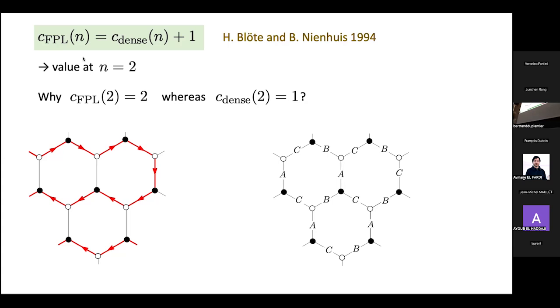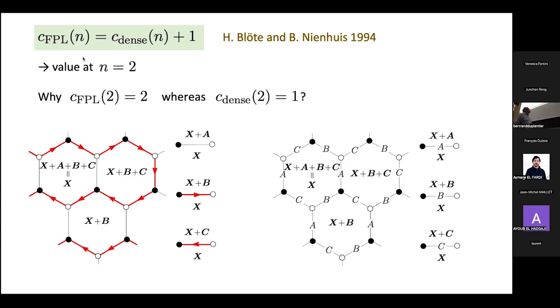And the correspondence will be such that when you cross an edge from black to white and you cross to the top, you put plus A, plus B, plus C, with this convention. And then if you think in terms of the occupied red arrows, it corresponds exactly to what happens here: A when you have nothing, B when you have an arrow from black to white, and C when you go from white to black.